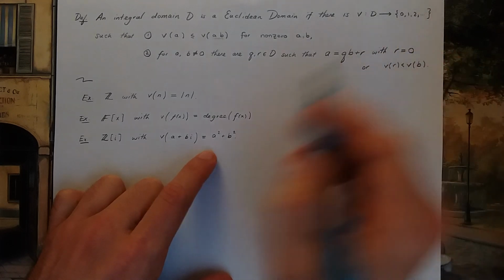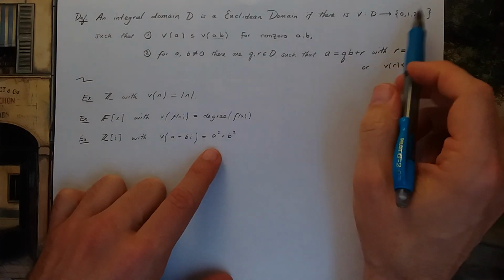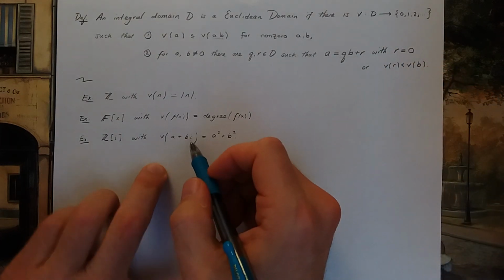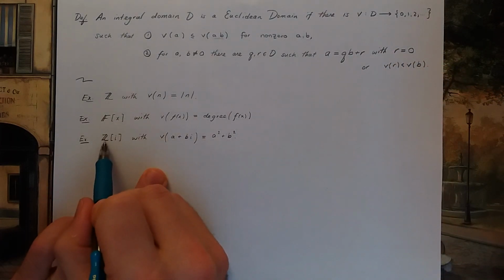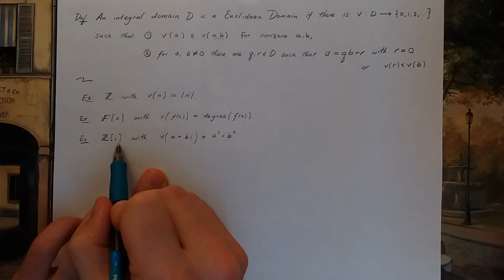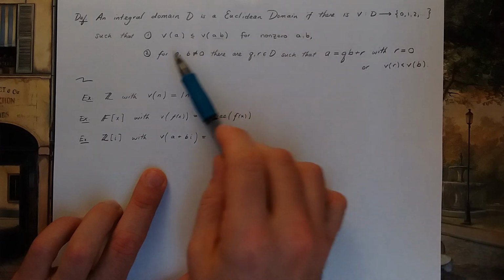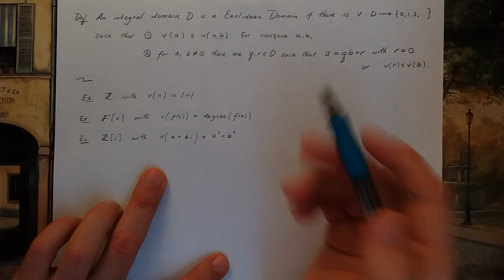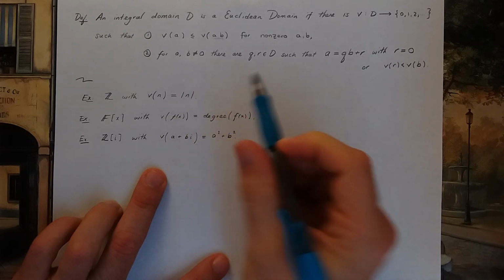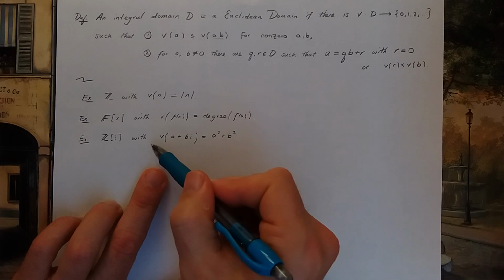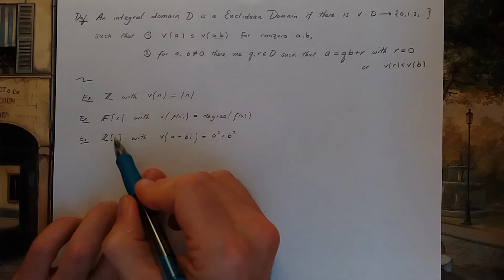So we don't take complex magnitude. We don't take the square root, just so that we get an integer. Now, it's not obvious right away that this valuation function on the Gaussian integers satisfies property 2. I'm not going to check the details in this video, but you can look in the text and they show you that this is indeed a valid valuation function on the Gaussian integers.